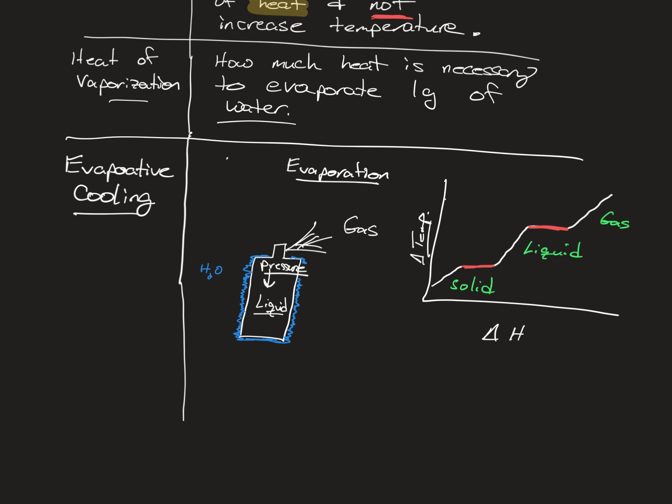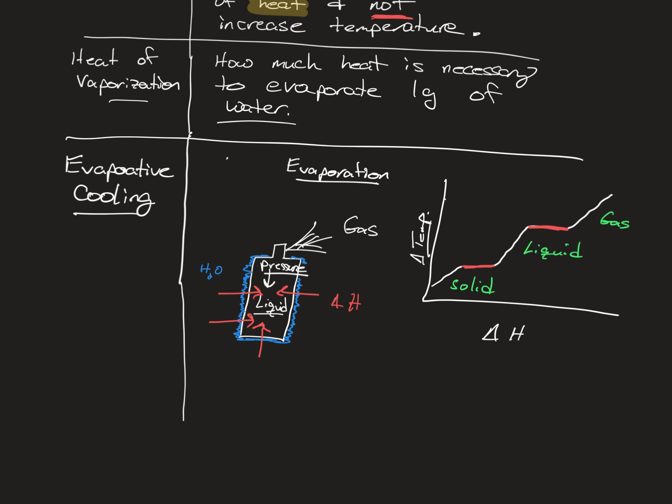So what happens is that when you're getting this phase change, the heat, let's call it heat, the change in heat, is going into the liquid from the environment. If you're touching the can, it'll be your hand. If you're not touching the can, it'll come out of the air and the can around it.